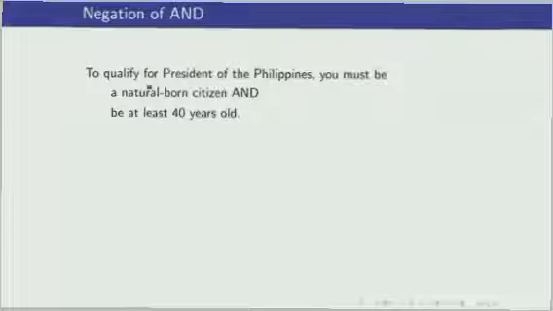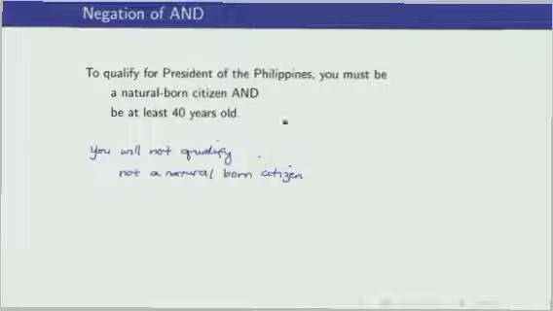Let us consider this statement. To qualify for President of the Philippines, you must be a natural born citizen and you should be at least 40 years old. Of course, there are many other conditions that you need to satisfy before you can run for presidency. However, let's just consider these two statements. So therefore, what is now the negation of this statement? You will not qualify when, let us negate this, you are not a natural born citizen.